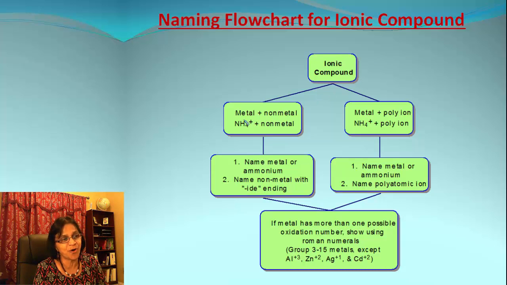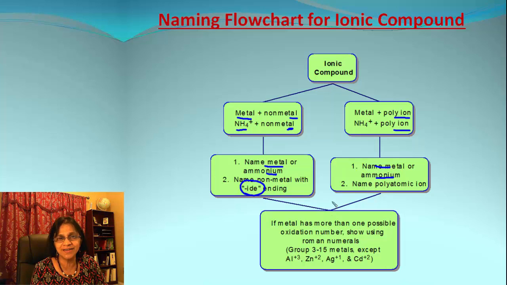An ionic compound can be formed when either a metal or ammonium combines with a non-metal. It may also combine with a polyion as the anion part. So we get four different possibilities of forming ionic compounds. In either case, the first name is the name of the metal or ammonium. And how do we get the last name? If the anion is a non-metal, the last name will always end with "ide".